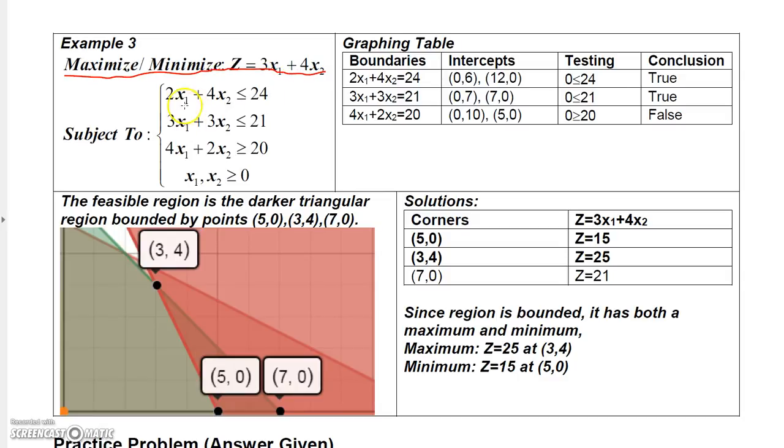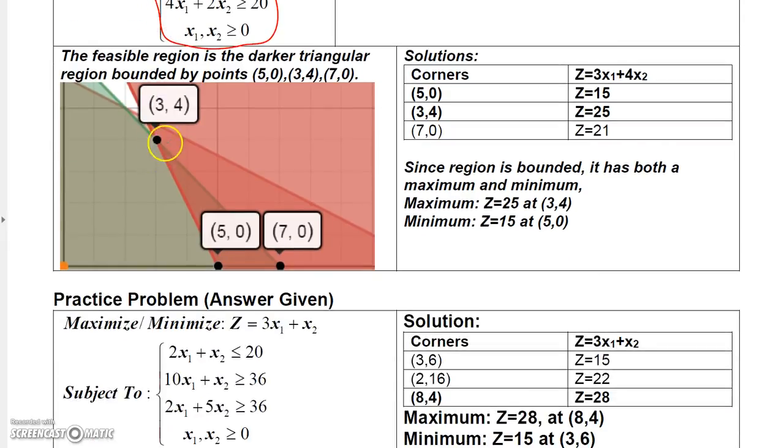And this region we graphed earlier, and so in a previous video you'll see that we get this triangular region right here that's bounded below, from 5, 0 to 7, 0, and then it's bounded along this piece until you get up here to the point 3, 4. And so it's that triangular region here bounded by 3, 4, 5, 0, and 7, 0. So those are your three corner points.